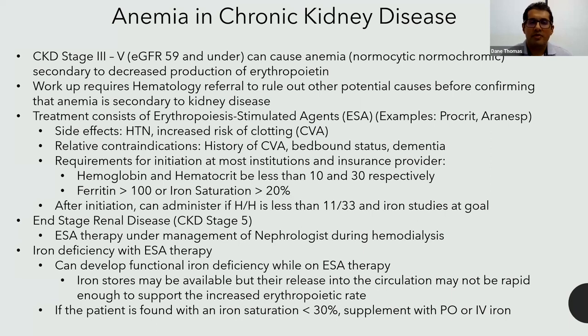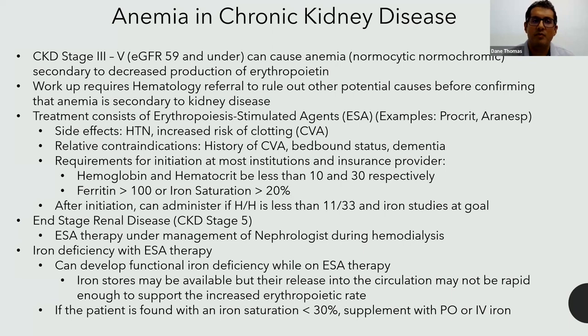A workup of a patient with anemia and chronic kidney disease requires a hematology referral so that we can rule out other potential causes of their anemia before confirming that the anemia is secondary to the patient's kidney disease alone.